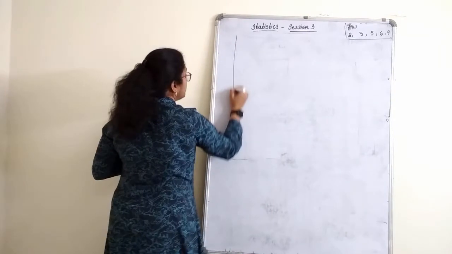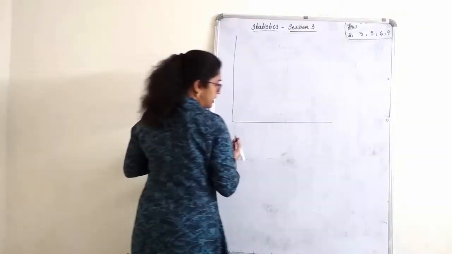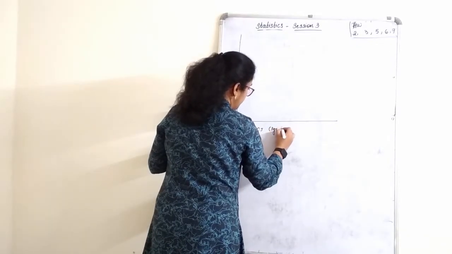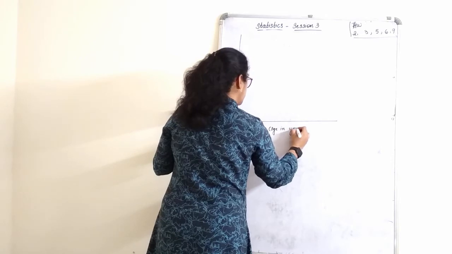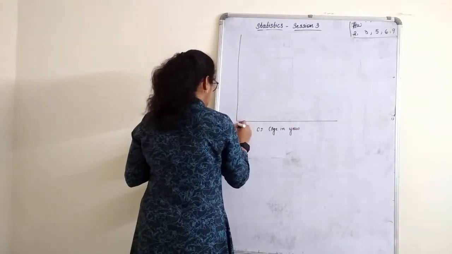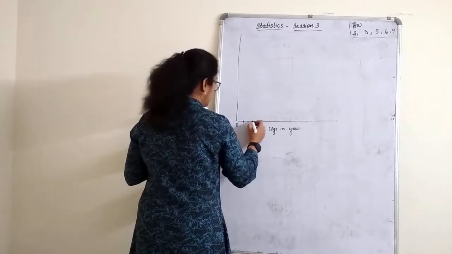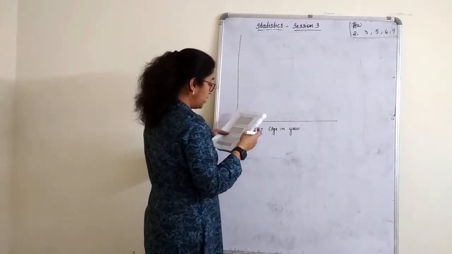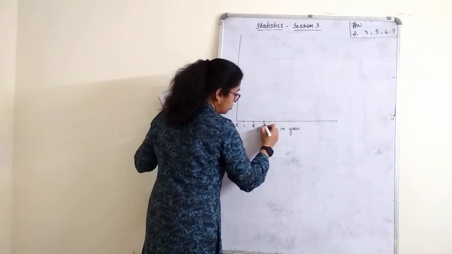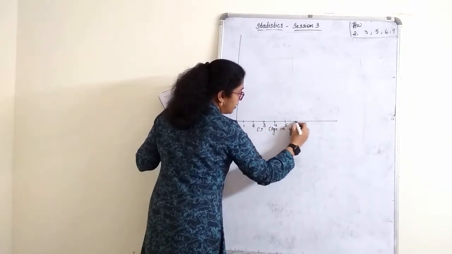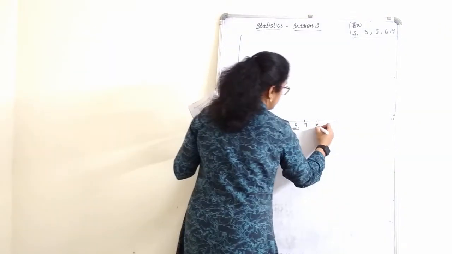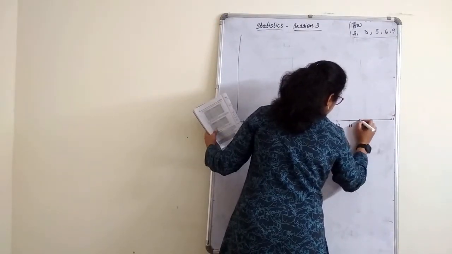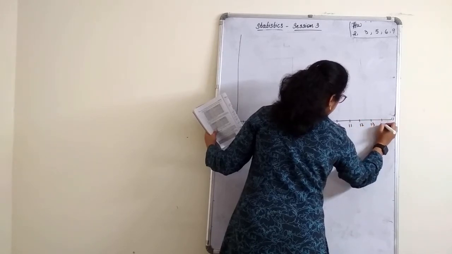So the graph what we plot here, our x-axis will be the same. That is nothing but class interval, age in years, according to the question. We'll start from 0, 1. Just write the numbers as they have given, 1 to 17 we have. 1, 2, 3, 4, 5, 6, 7, 8, 9, 10, 11, 12, 13, 14.